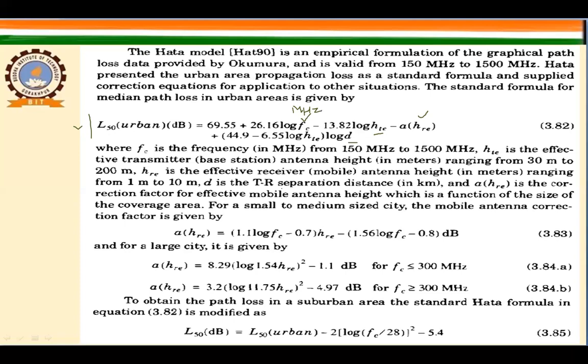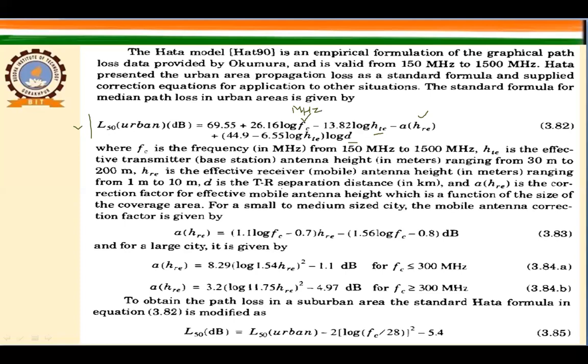For a large city, a of hre is equal to 8.29 times log of (1.54 hre) whole squared, minus 1.1 dB, for fc less than or equal to 300 megahertz.